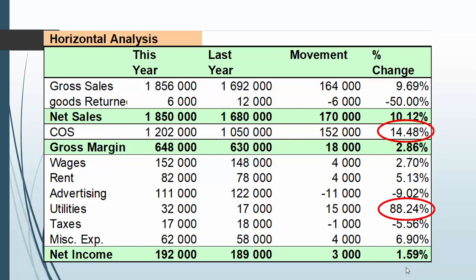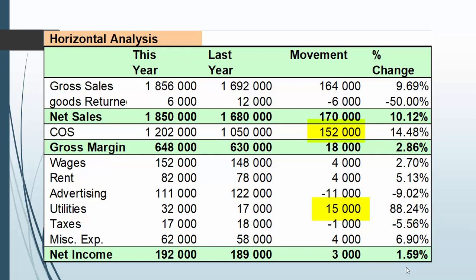This is where percentages might be a little bit misleading, because this is an 88% change, but it's a smaller amount. It's 15,000 compared to the 14.5% change on 152. So percentages can be misleading because it depends on the base. You can have a big change on a low base, and this is what the utilities is showing us.